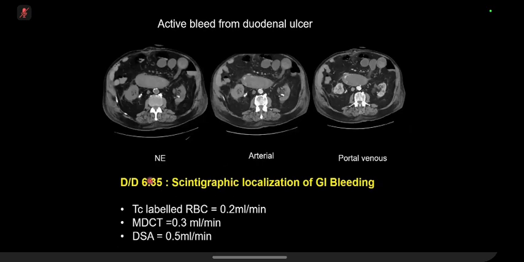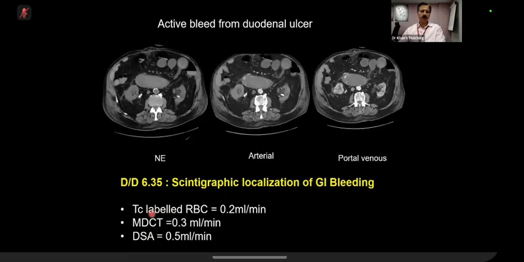Okay, this question has been asked in the exam. What I have written here is from the previous Chapman, and this has been asked: what is the capability of technetium labeled RBC versus MDCT versus DSA of picking up bleeds?